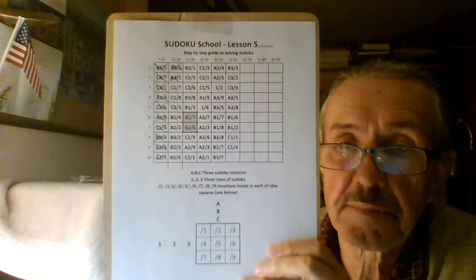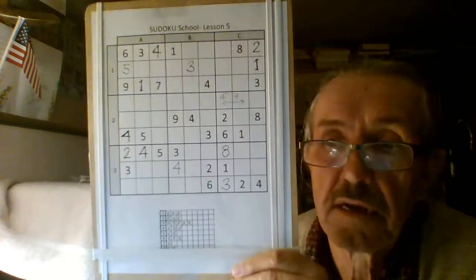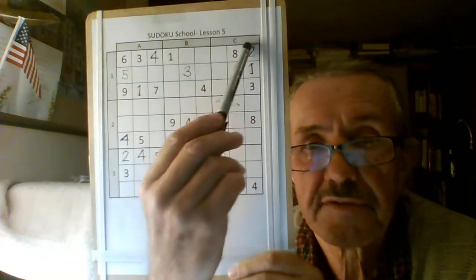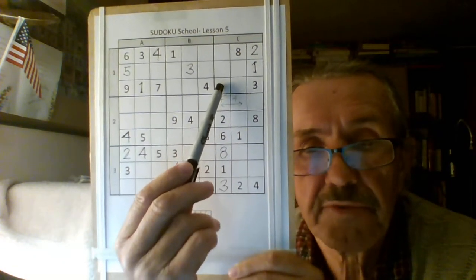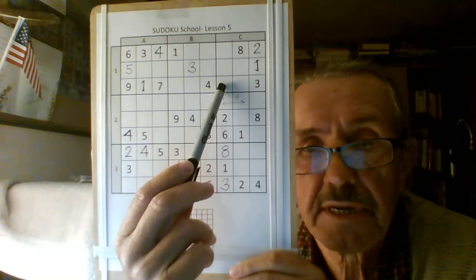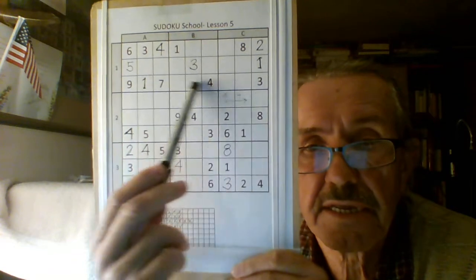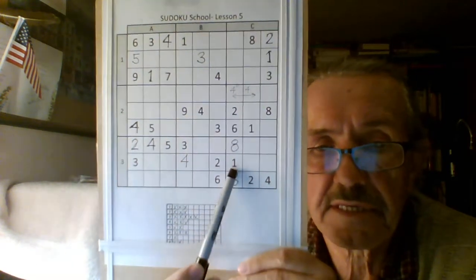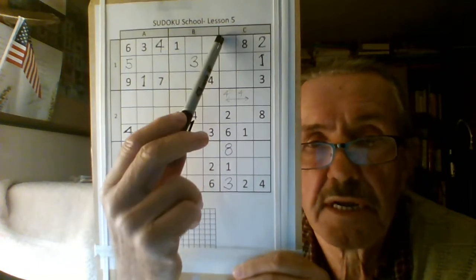The next step is square C1/7. Square C1 is over there, and /7, location 7 is over there. And we are looking for the number which doesn't exist in this row, doesn't exist in this column, and doesn't exist in this square.